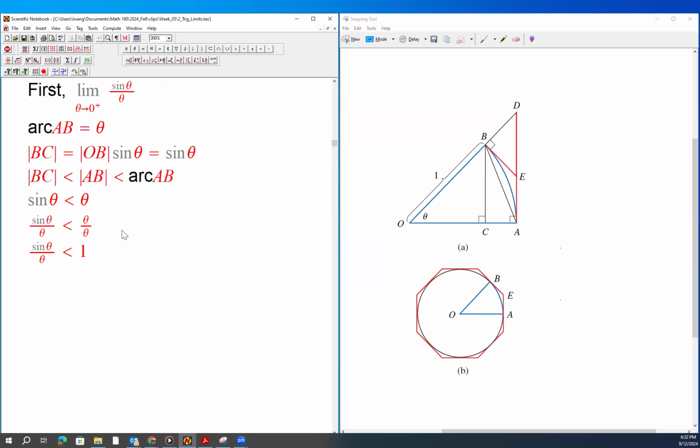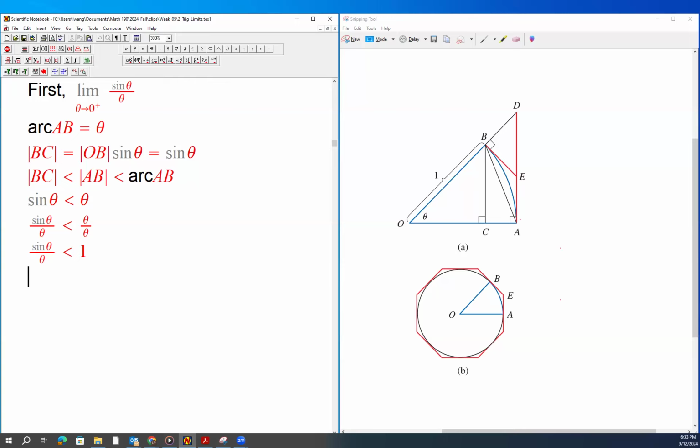In the next paragraph, we are going to look at a bigger triangle, ADO. This is the largest triangle.